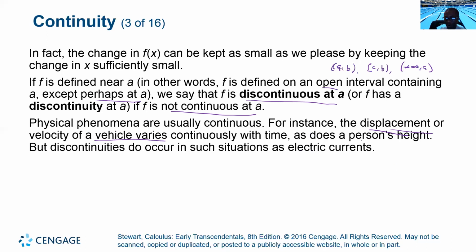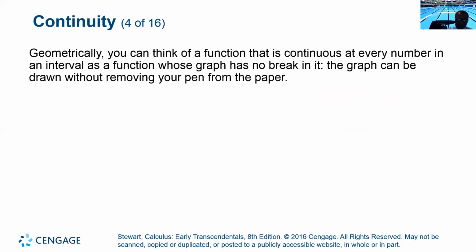Okay, or your height or my weight, we say these are continuous variables. But if we have something like electric current, there could be discontinuities there. Okay, so we have places that we can apply this in our life. Anyway, let's think of it geometrically.